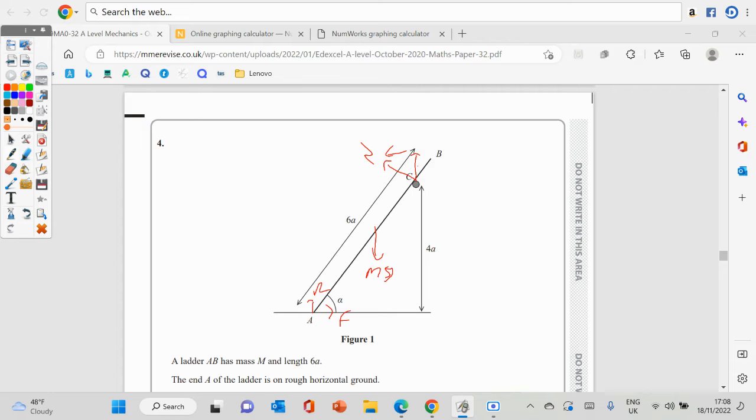which I can break down into components. So I'd end up with N cos alpha and N sine alpha. The weight can be broken apart as well into mg sine alpha and mg cos alpha. We're also given that sine of alpha was 4/5.